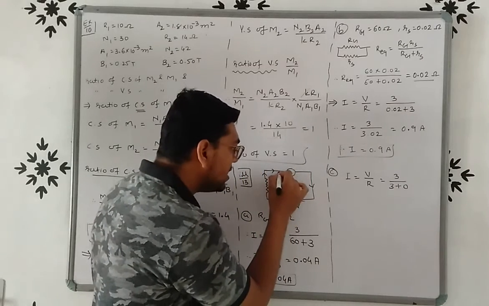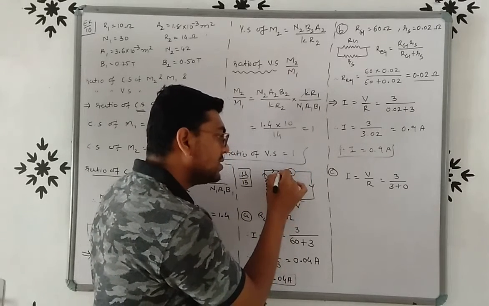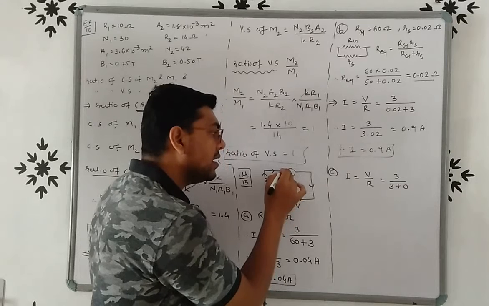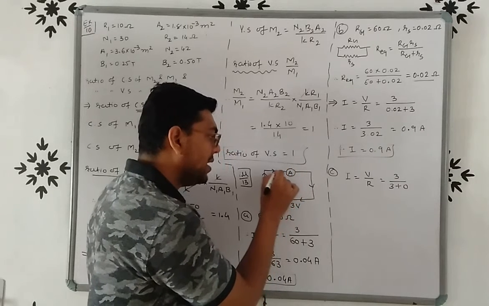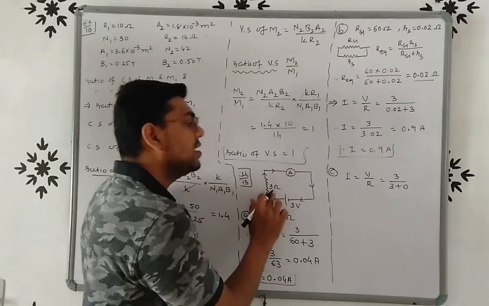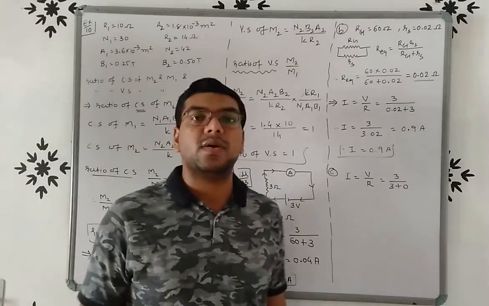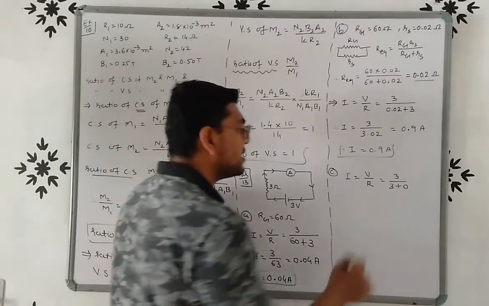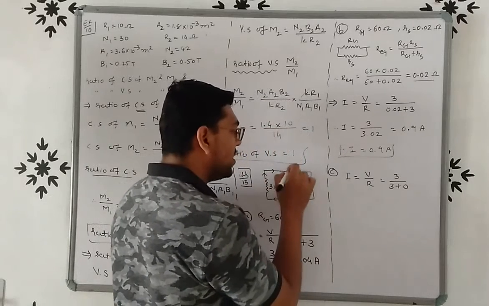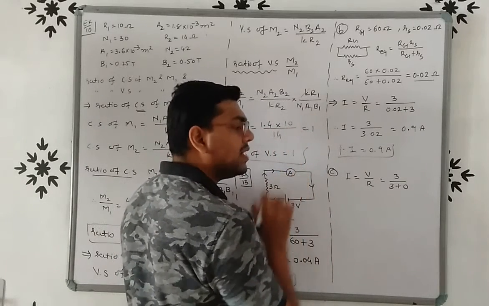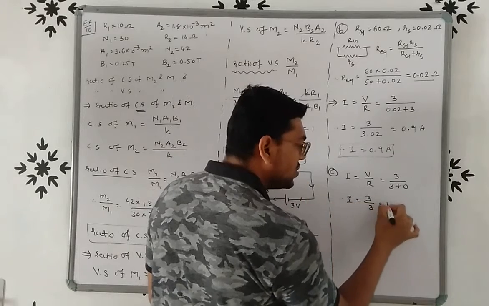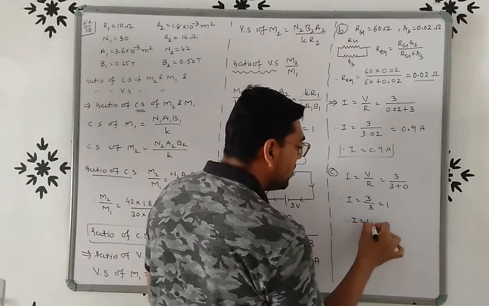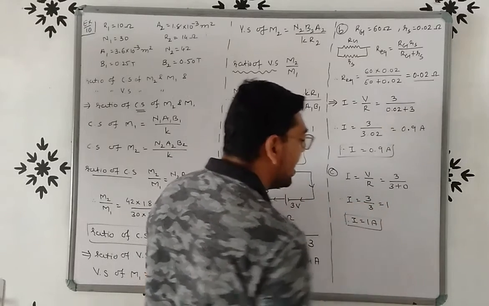So this resistance of ammeter is 0, but it is in series with this resistance, right? So total resistance will be 3 plus resistance of ammeter 0. So I is equal to 3 by 3. So 1. So current I is equal to 1 ampere.